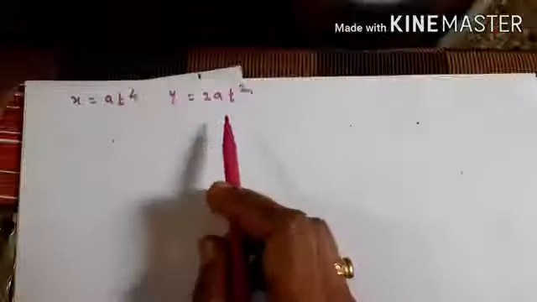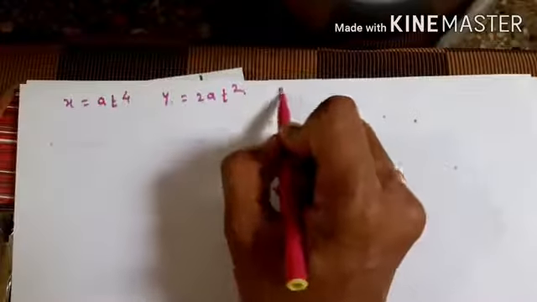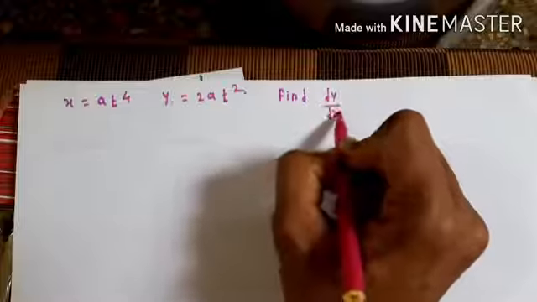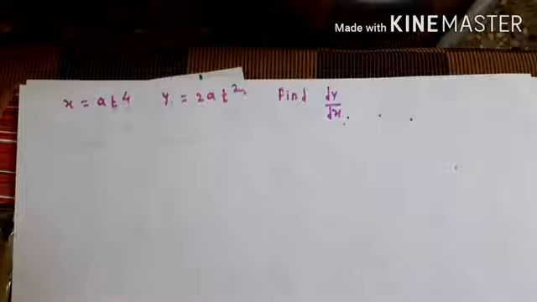Now students, let us solve some examples related to parametric functions. Let x equal to 80 raised to 4, y equal to 280 square. Find dy by dx. Okay students, so let us see in this example.